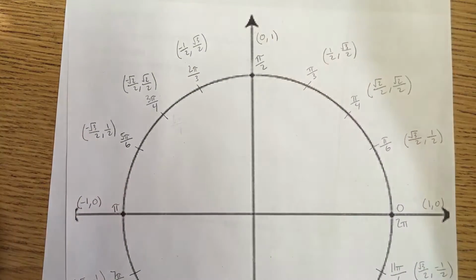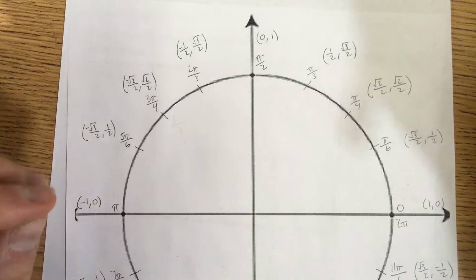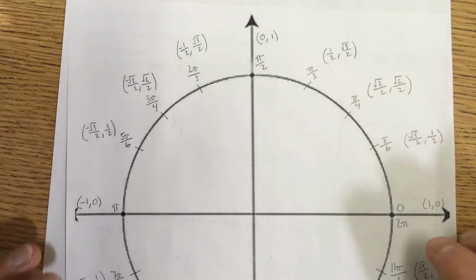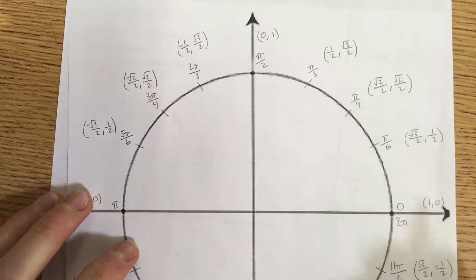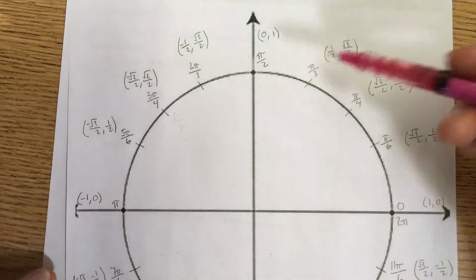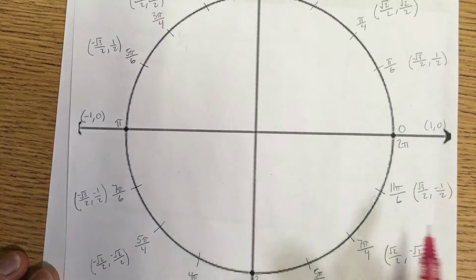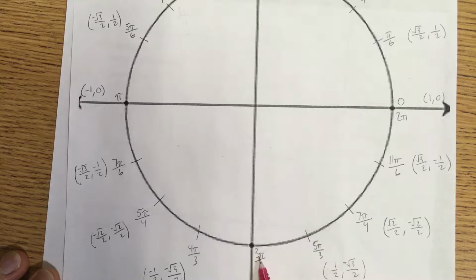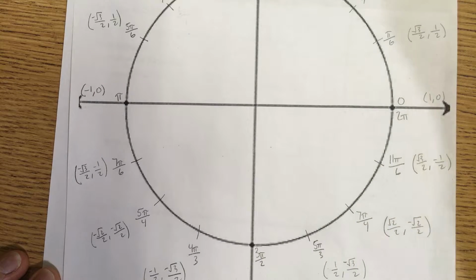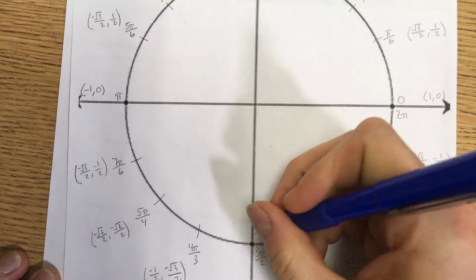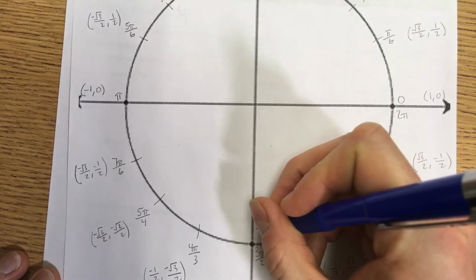I would recommend getting yours out if you have it, so that you can follow along and make some notes. If positive pi over 2 is here, then negative pi over 2 would be here. We could even say that 3 pi over 2 is coterminal with negative pi over 2.